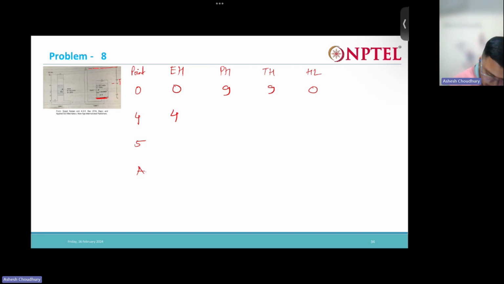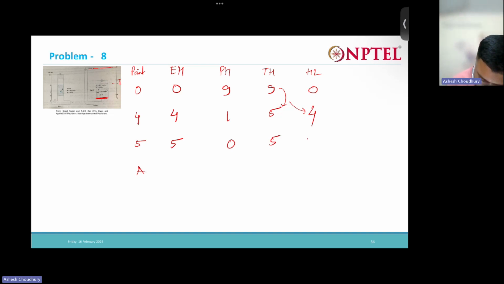Total head 5. What is the head loss that is happening? Head loss happening is 4. Right? Traveling from here to here, 4 meters of head loss is happening. Now let us come to the fifth point. Elevation is 5. Pressure head is 0. Total head is 5. Same head loss.